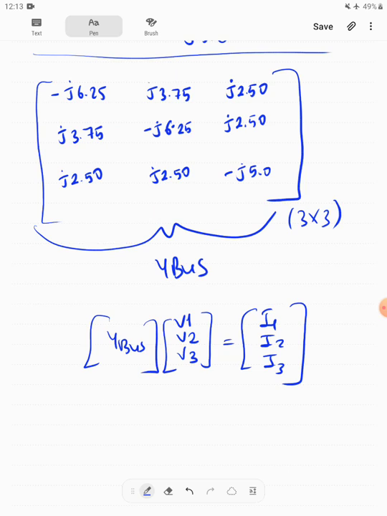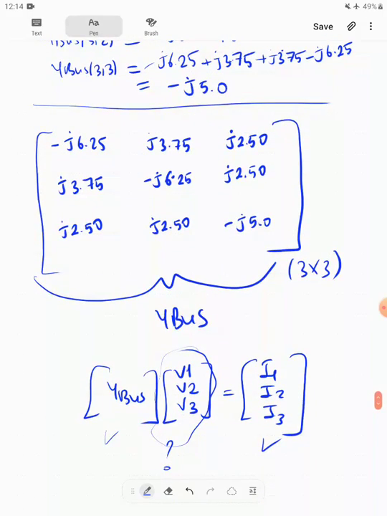So in this equation, if we know the injected current vectors, after the calculation of Ybus, the bus voltage vector V1, V2, and V3 can be easily calculated.